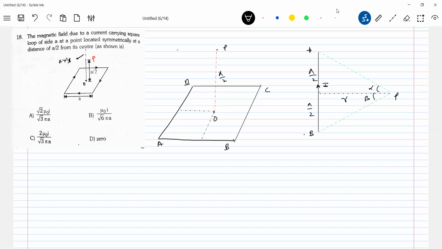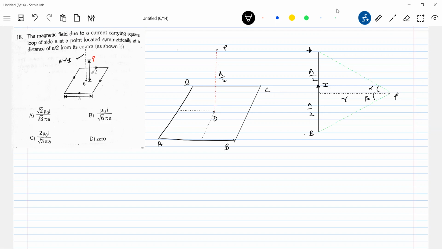This distance is A by 2, and how to get the value of what R actually is? What is R actually?